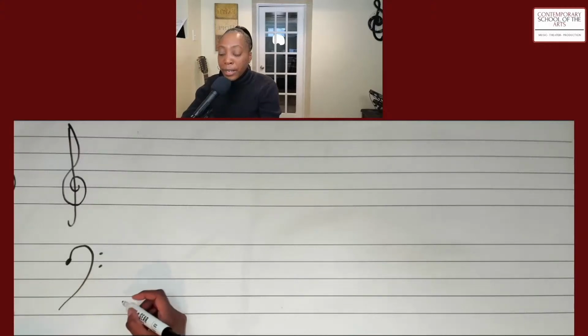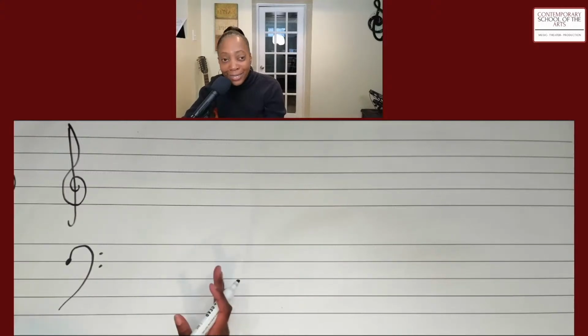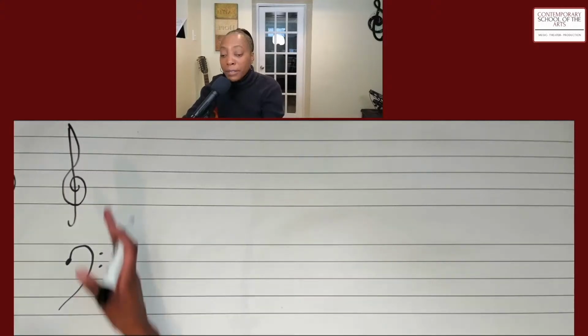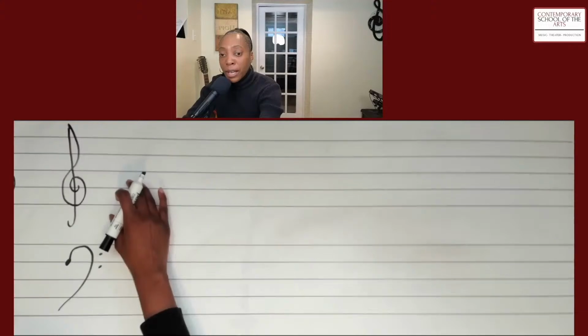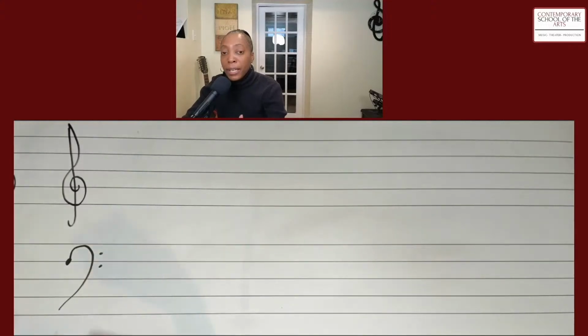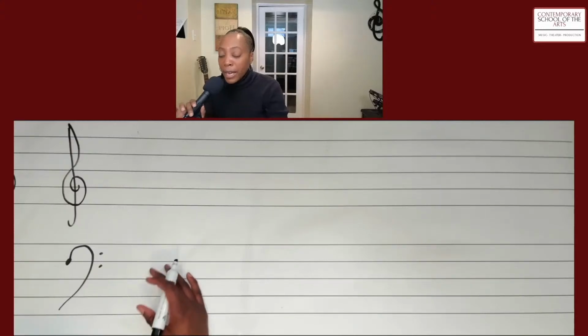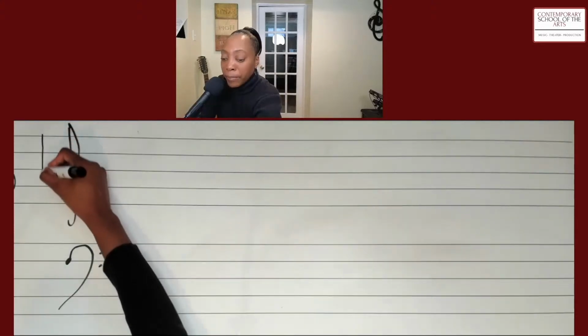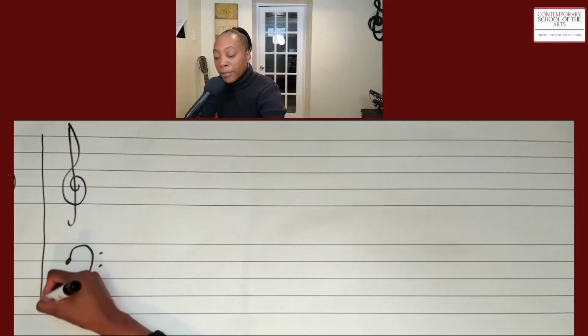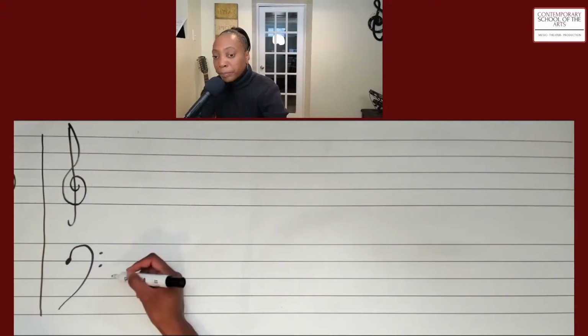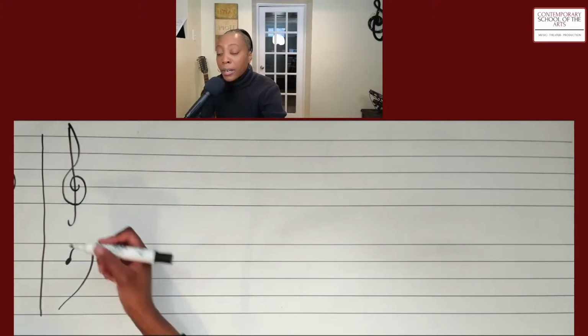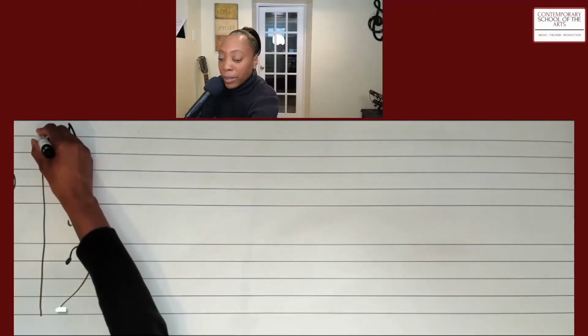Okay, now the reason why we call today's lesson the grandstaff is because we have to connect the treble clef and the bass clef to make it a grandstaff. But how do we do that? We have to add a straight line, and then we also add a curved line, which we call a brace.